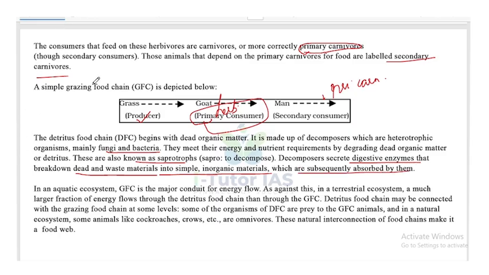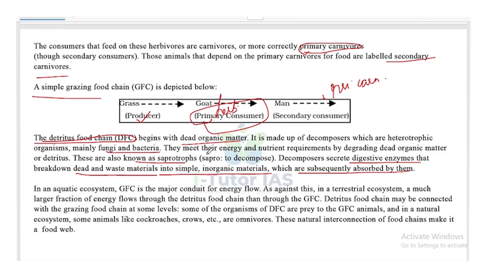So we have seen a grazing food chain, and now we are seeing the detritus food chain, which begins with dead organic matter and is degraded by heterotrophic organisms, mainly fungi and bacteria.